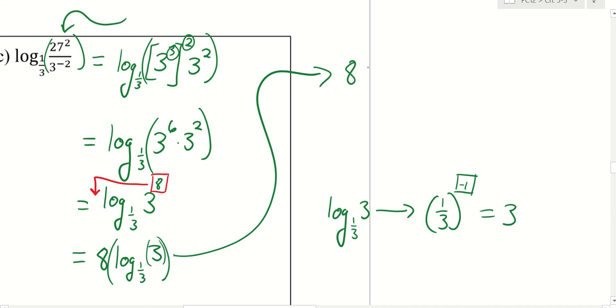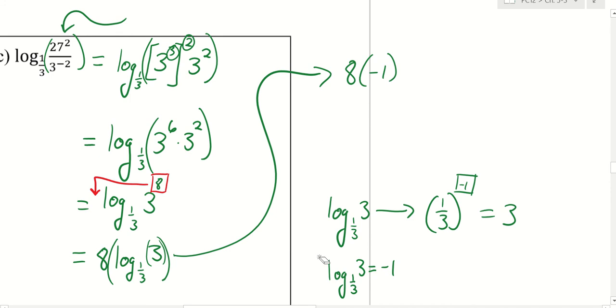So this is really just 8 times -1. Because log of base 1/3 of 3 is really just -1. I really just want to make this clear. 1/3 raised to the -1 power is 3.